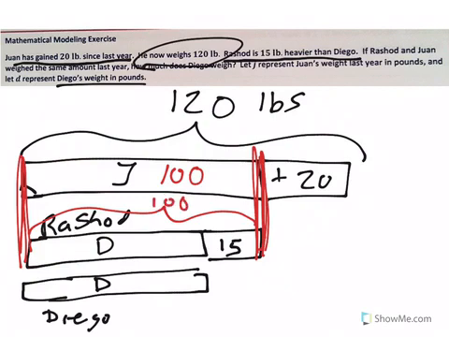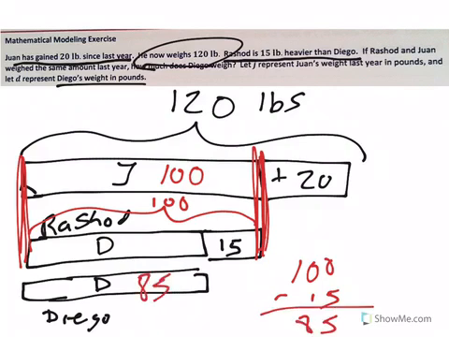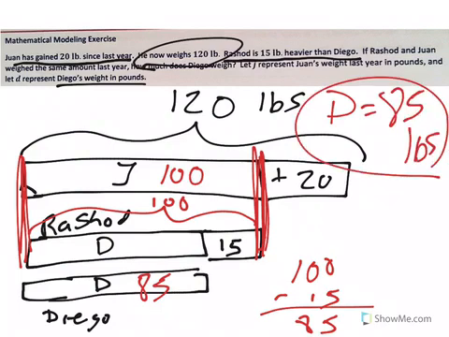And if Rashad is 100 pounds and he weighs 15 pounds more than Diego, take that 100 and subtract the 15 pounds more that he weighs, we get 85. So Diego weighs 85 pounds.